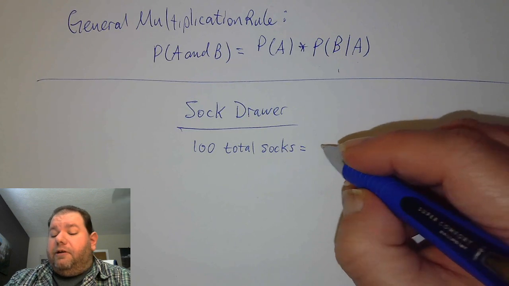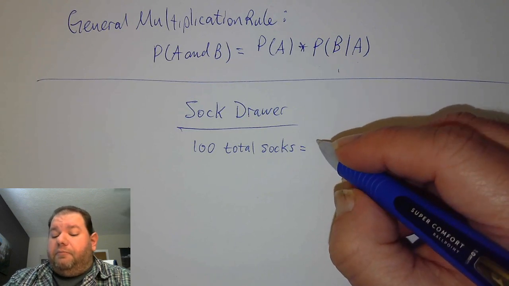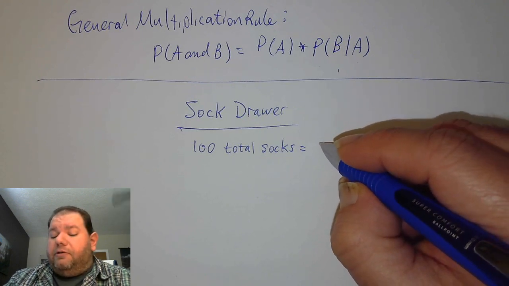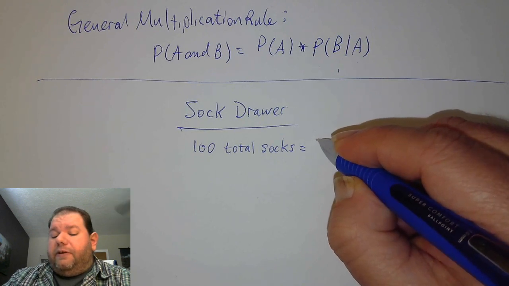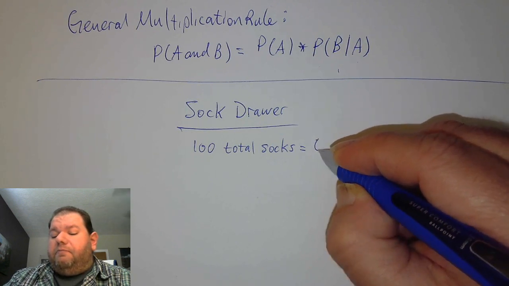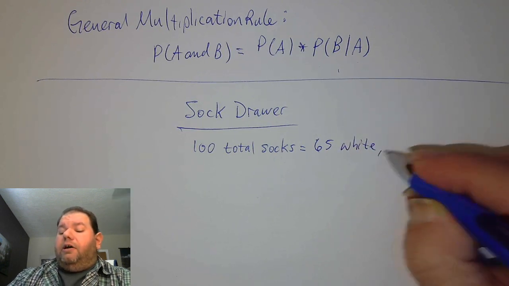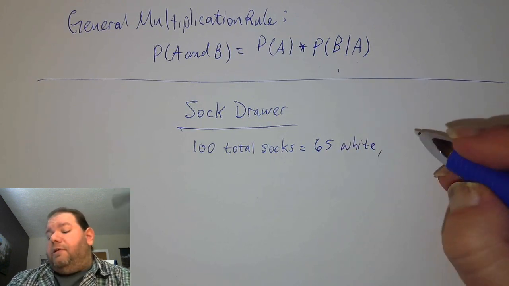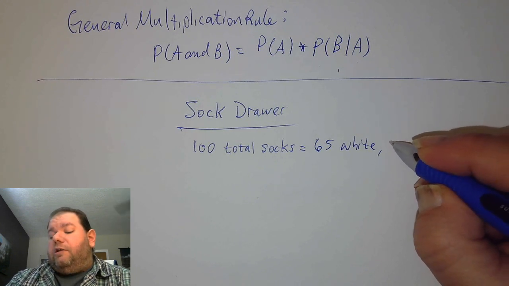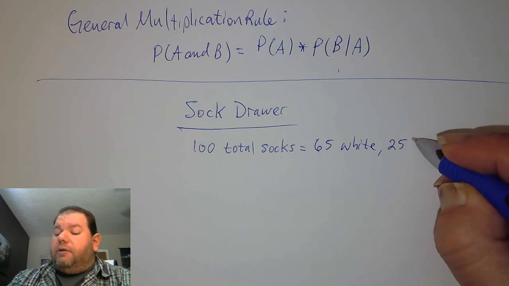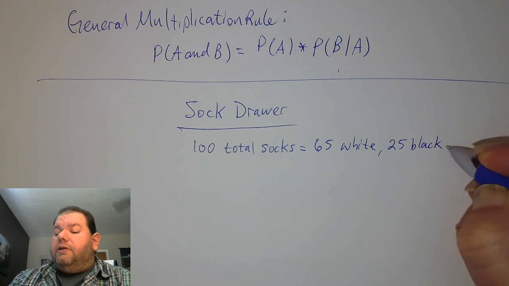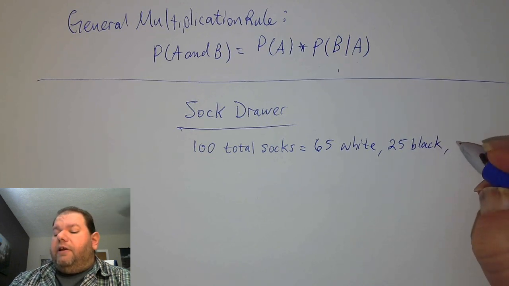That's also true, just because it's easy and whatever. Let's say that I have 65 white socks. Of course, I'm missing one. Probably multiple ones there. 25 black socks, and that leaves 10 gray socks.